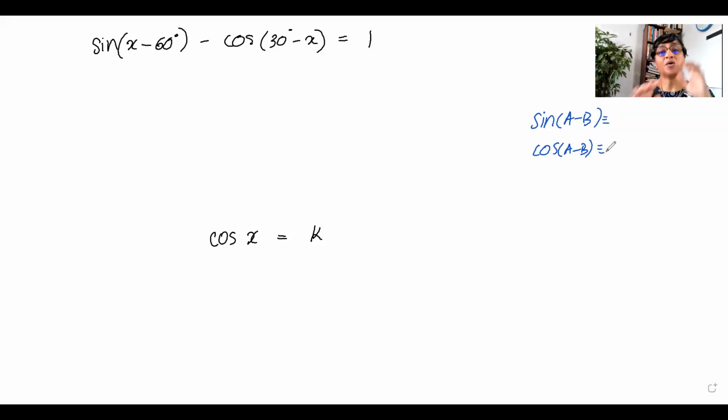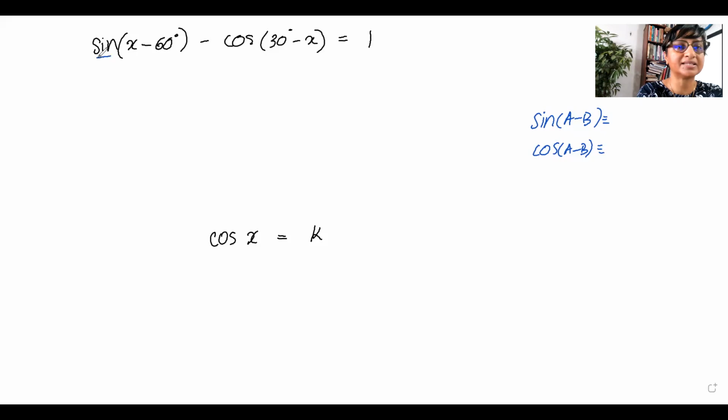The sine compound angle formulas go sine cos, cos sine. The cos compound angle formulas go cos cos, sine sine. You remember that? Okay. So, how do the signs go? I hope you remember that.